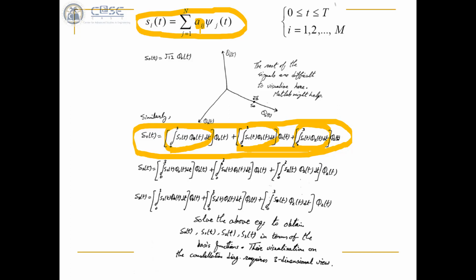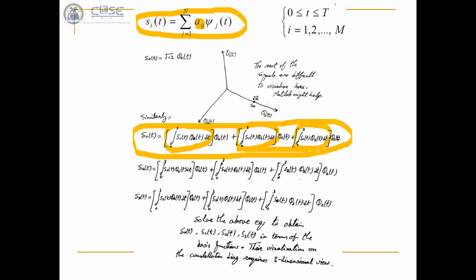So it will end up getting a11 times psi 1 of t plus a12 psi 2 of t and a13 psi 3 of t. So this term there is a10, this one is a11, this one is a12.